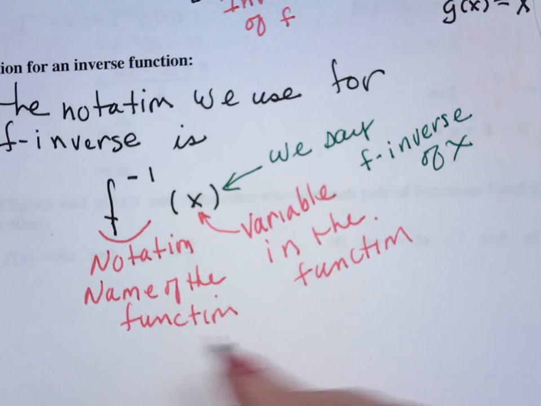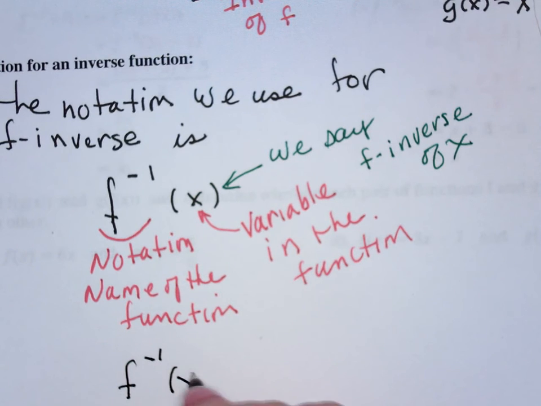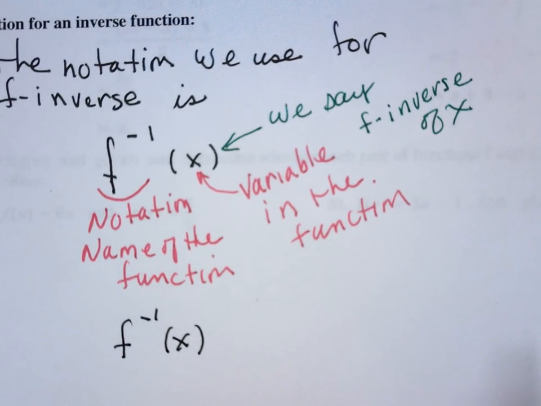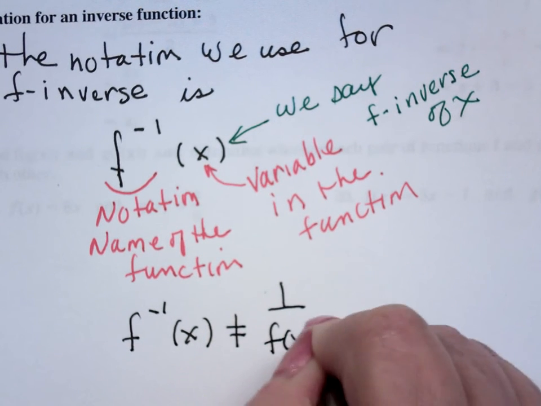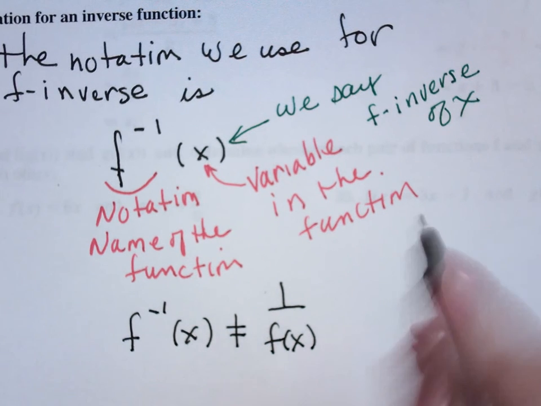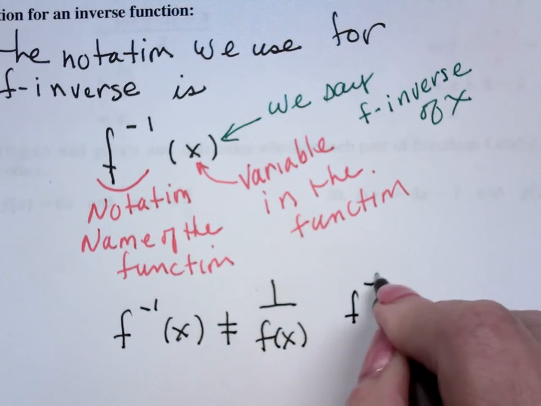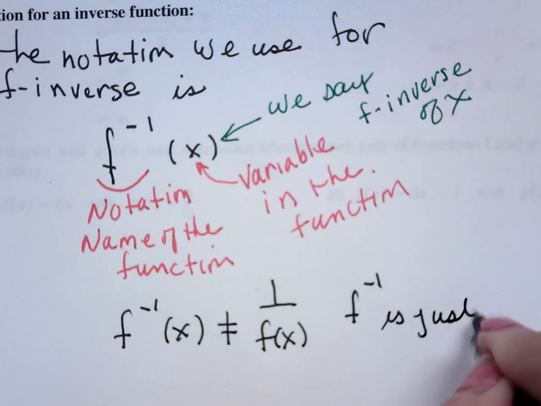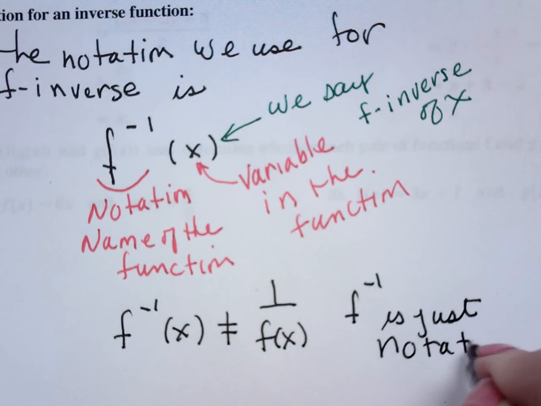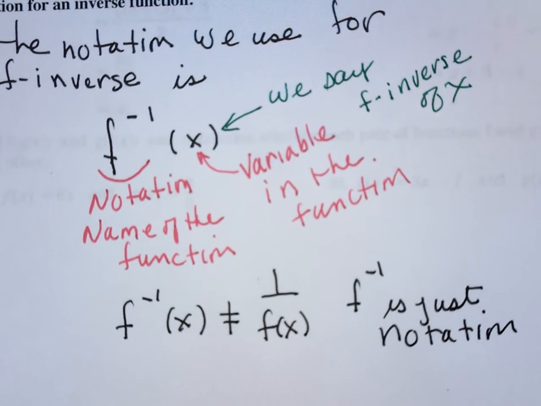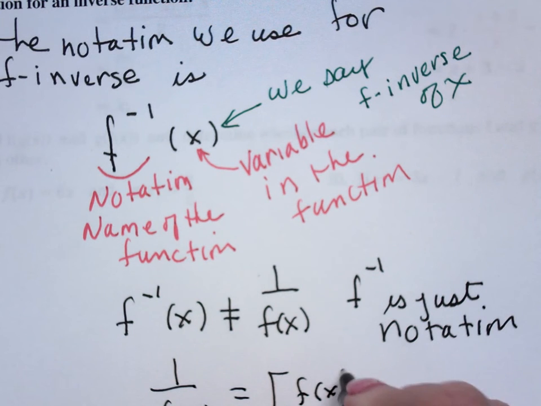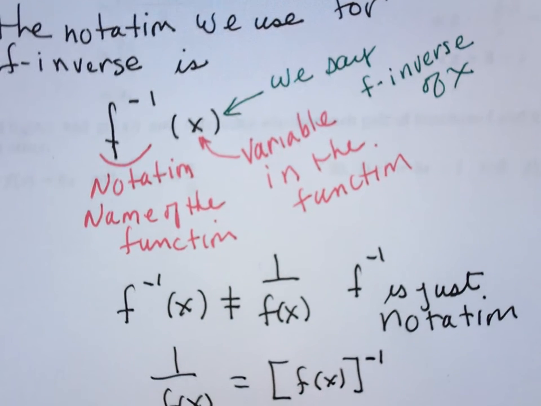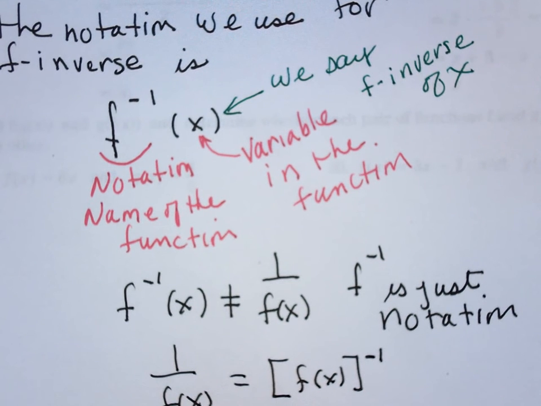Now, f to the minus 1 of x is not equal to 1 over f of x. F to the minus 1 is just notation. Now, if I wanted that guy, 1 over f of x is equal to, you take the whole thing to the minus 1. Just notation.